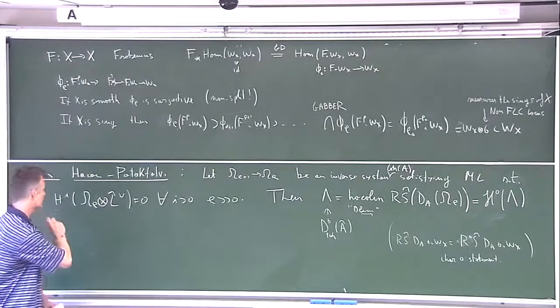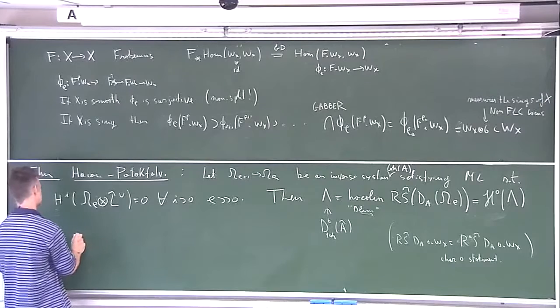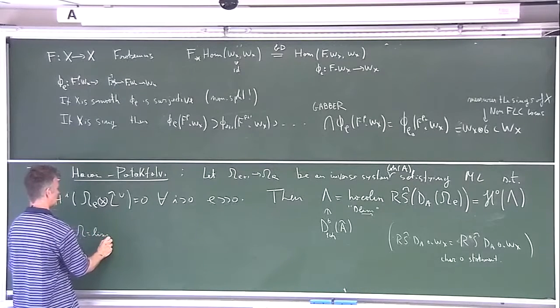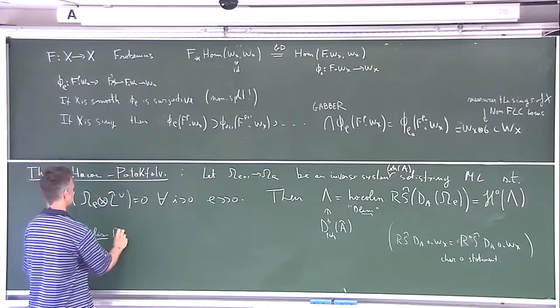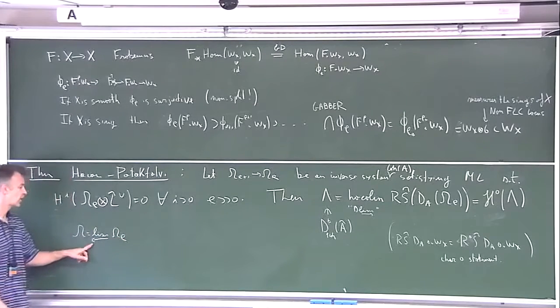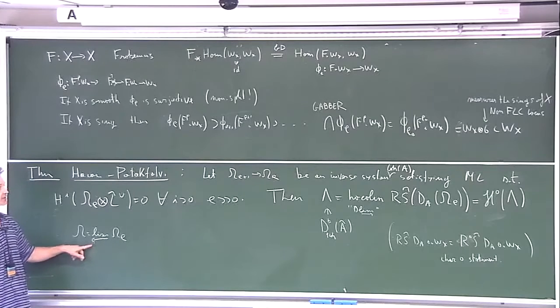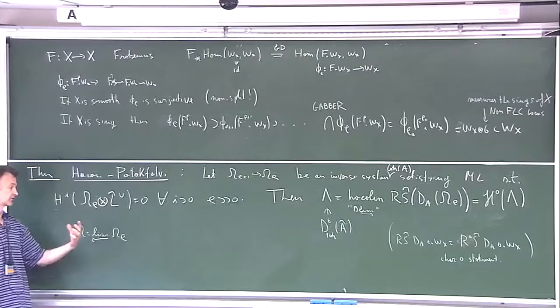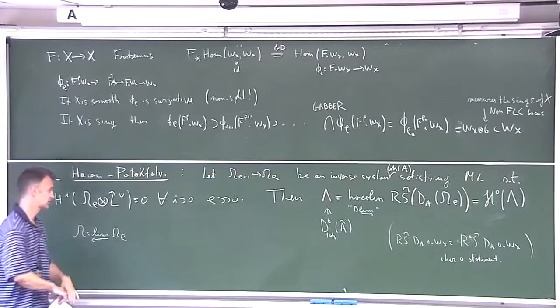So that's one, and the other property is, so if omega is the inverse limit of these omega e's, I don't have to say the derived inverse limit because they satisfy the Mittag-Leffler condition. So, and they're coherent sheaves, so the inverse limit is actually equal to the derived inverse limit.